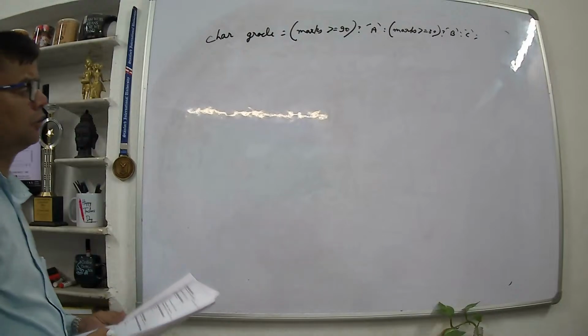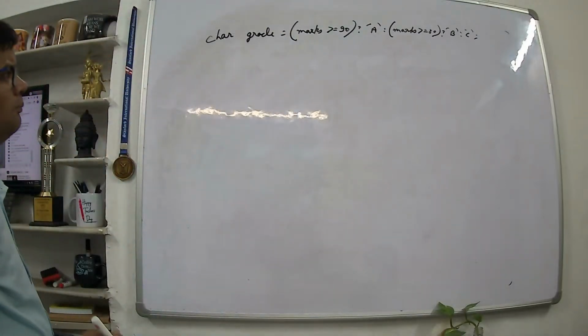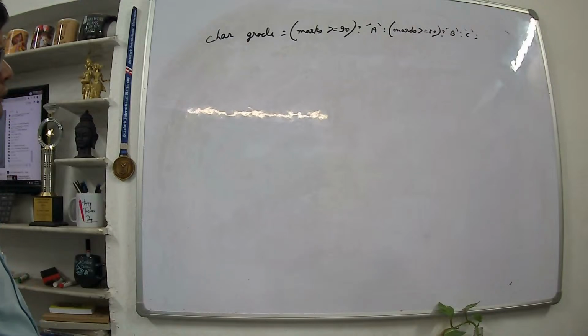Char grade is equal to marks greater than equal to 90, and here it is marks greater than equal to 80, B and C are the various options there.